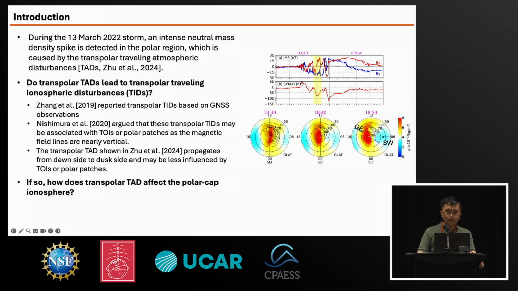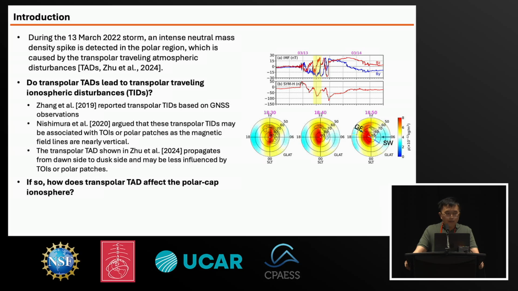Initially it's at the middle of these figures and then gradually propagates to the dark side. The GRACE satellite was flying from the dark side to the dayside, while the Swarm satellite flew from the dayside to the dark side. So roughly, our simulations capture those intensified neutral density structures. That's what we presented on Tuesday.